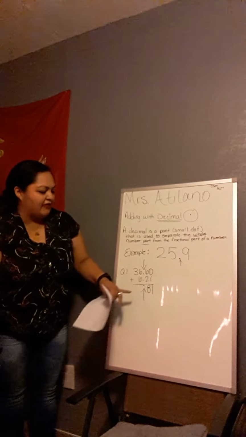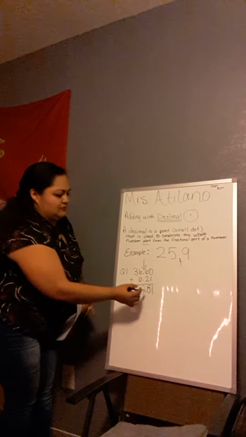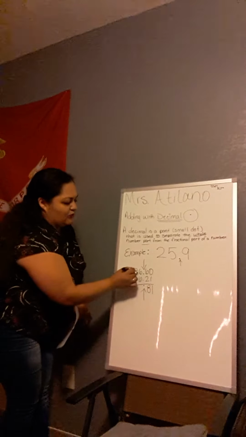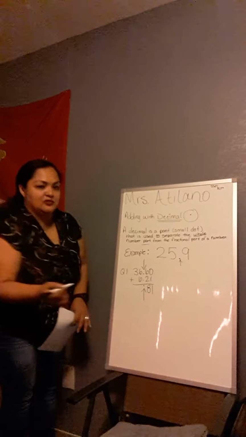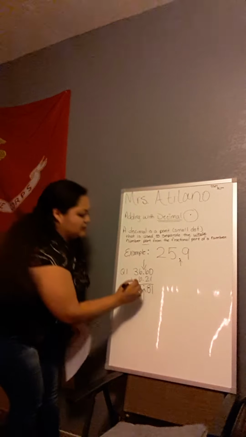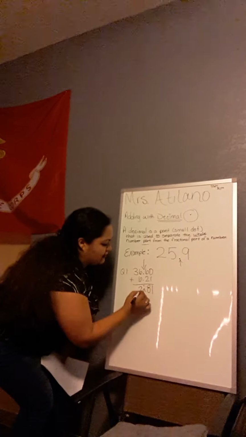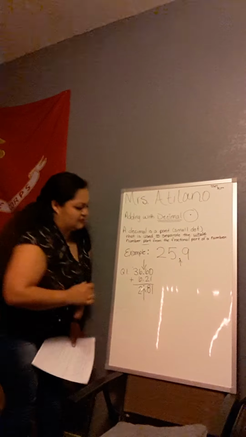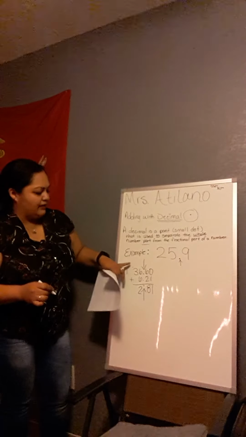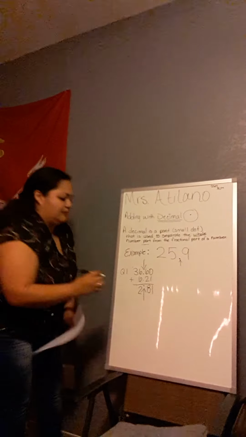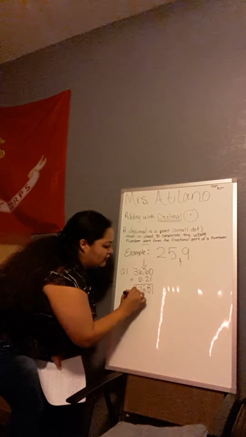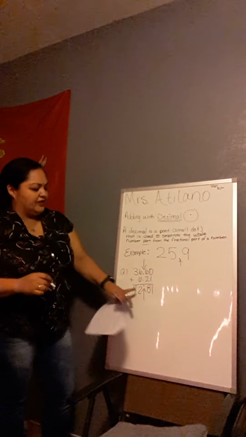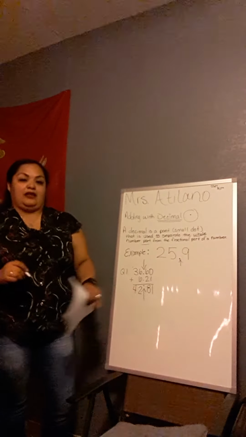Okay, since we don't have more than tens, so it's an 8. Then we're going to add the 6 plus the 6, which is going to be 12. So you bring the 2 here, then 1 goes to the top. So now 3 and 1, that makes 4. 42.81.